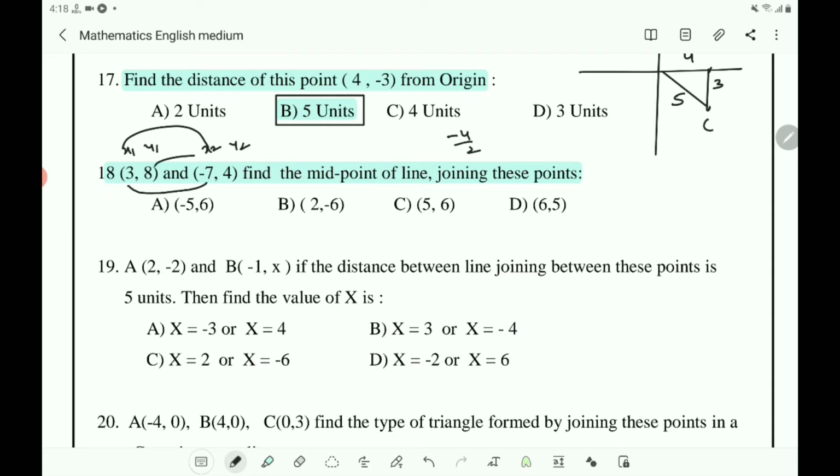And y1 plus y2 by 2, 8 plus 4 is 12, by 12 by 2. So you will get minus 4 by 2 is minus 2, and 12 by 2 is 6. So minus 2, 6. Option B is the answer. Note down the answer, option B.